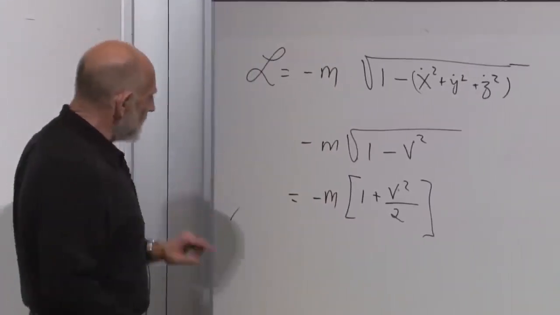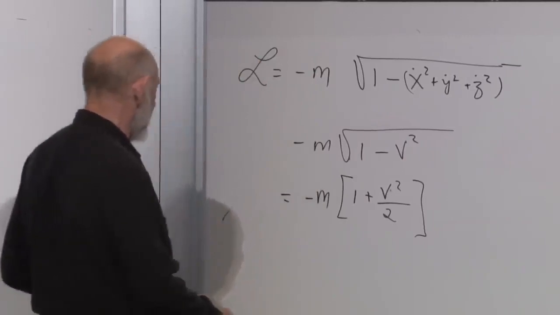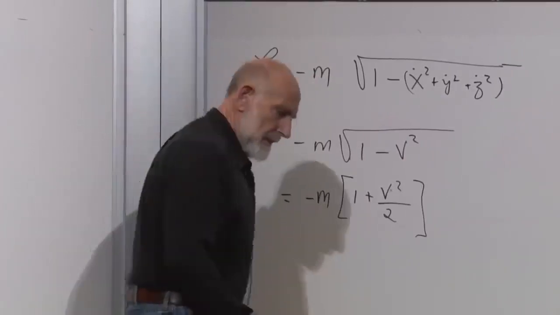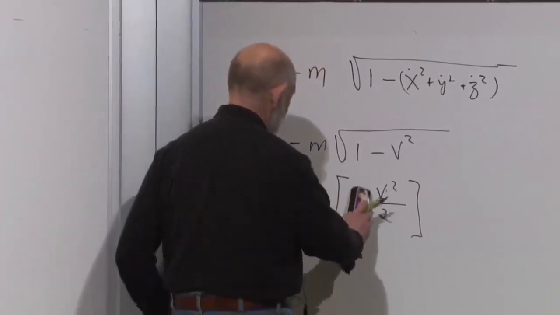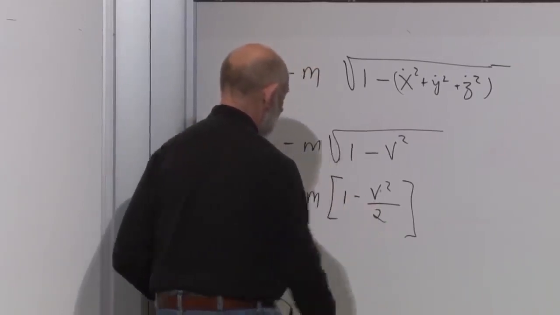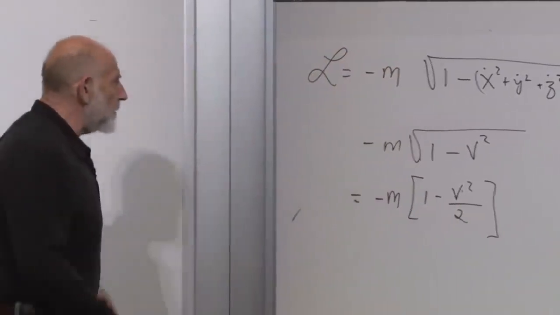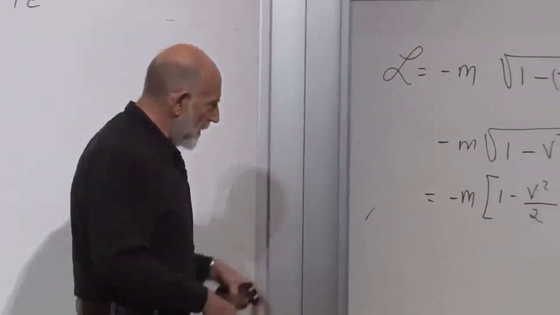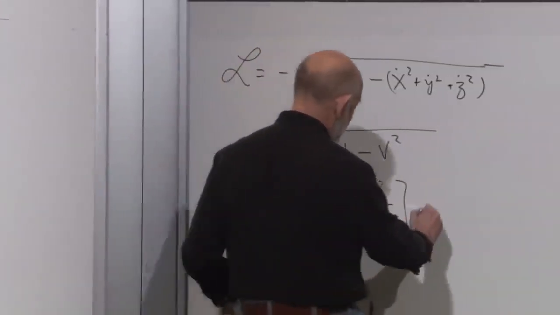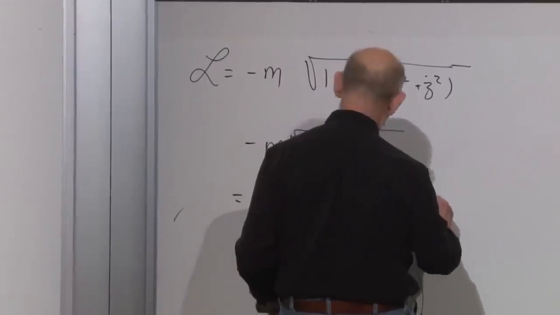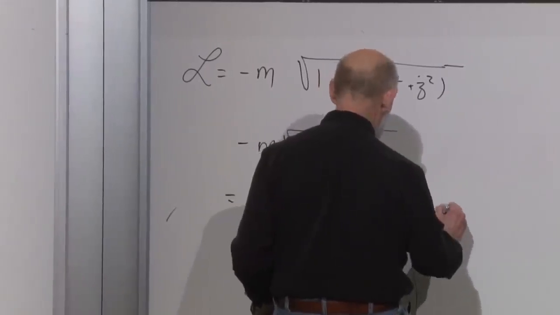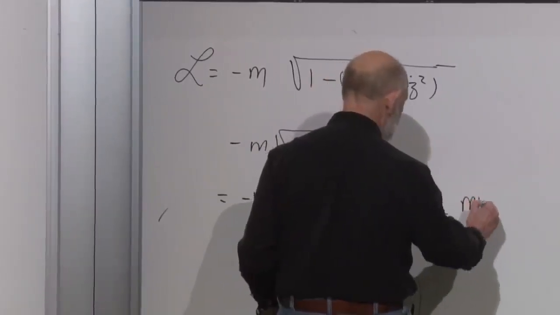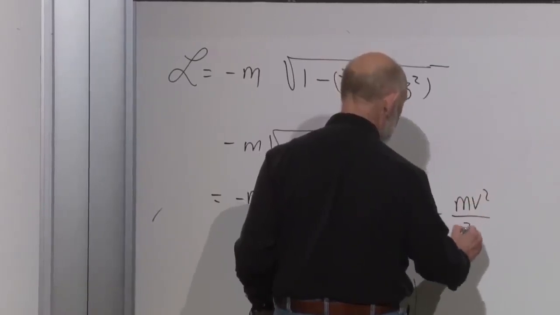Right? The important piece, I'm sorry, minus m times 1 minus v squared over 2. All right, so apart from the constant piece, the piece with the juice in it is plus m v squared over 2. Minus m plus m v squared over 2.